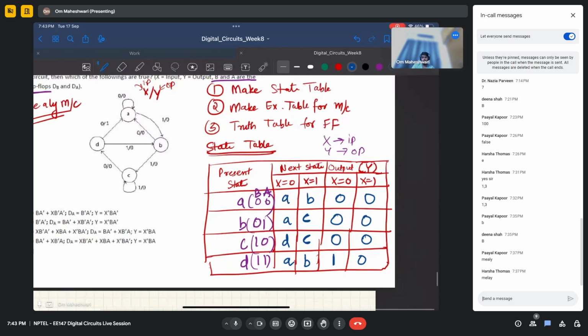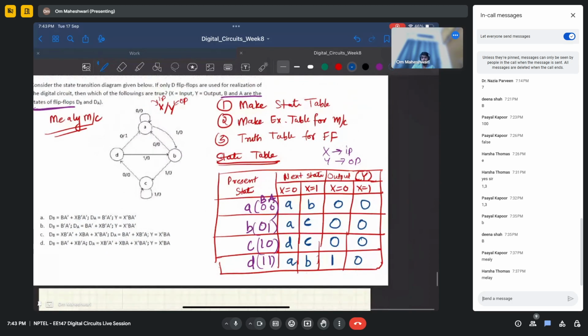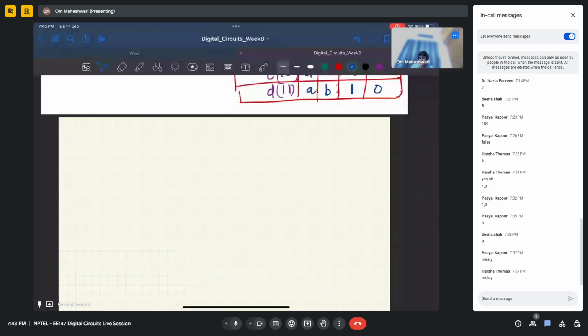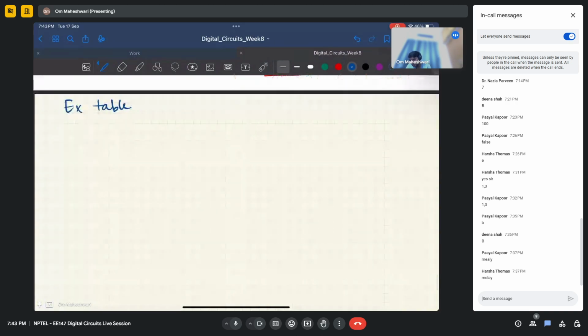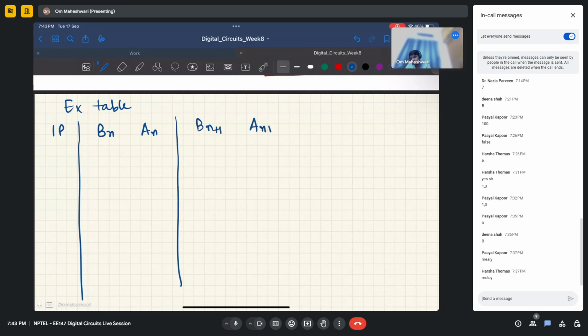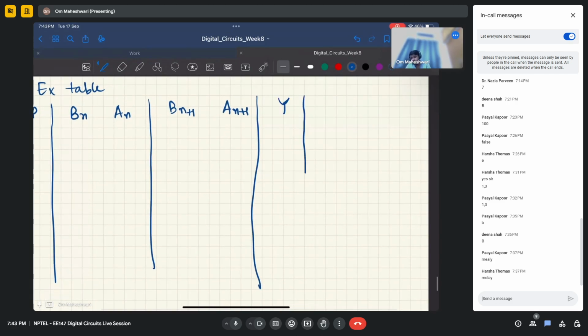Now the excitation table is not much different. Let's say you have some columns here: input, Bn, An, Bn+1, An+1, output Y, and what would the flip-flops represent?